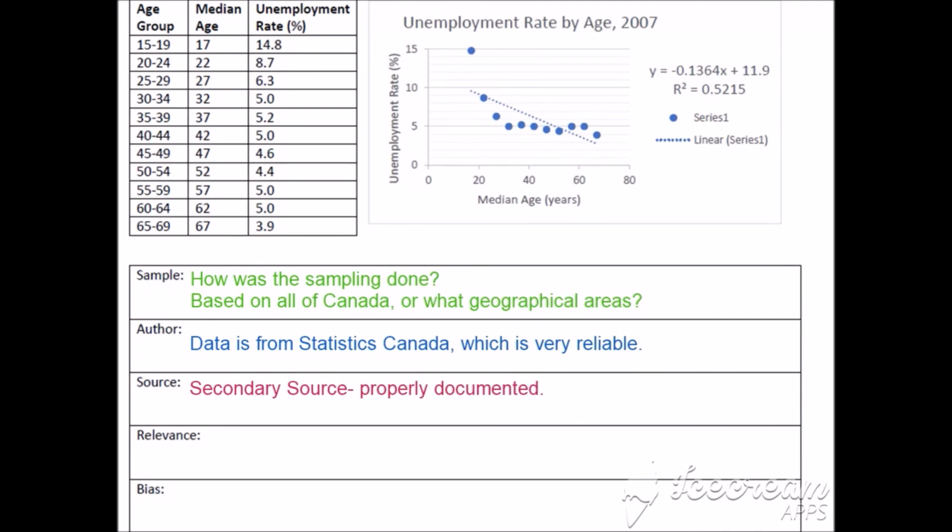Okay, let's go down. Relevance. Statistics are from 2007. So these were collected in 2008, right? If it's based on 2007, the data would have been collected probably the year after.